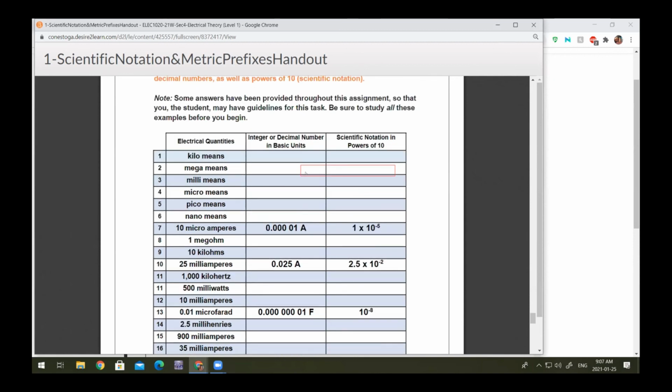As long as you feel confident that you know the concepts, that you know how to convert from the base unit to the big units, to kilohms and megaohms, and to the small units like milliohms and millifarads or microfarads, I'm good with it. I'm not going to be asking you to submit anything at this point in time.